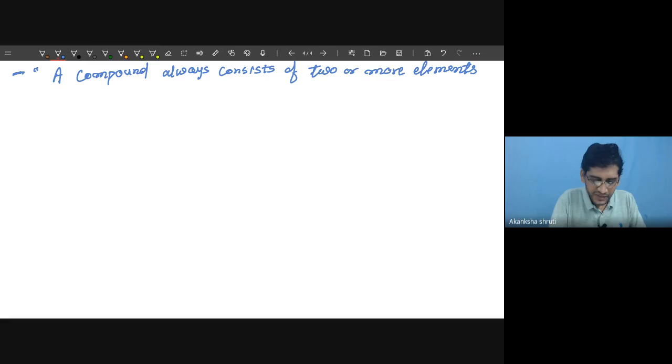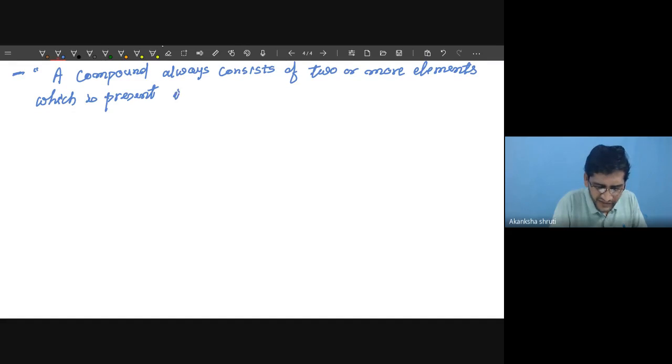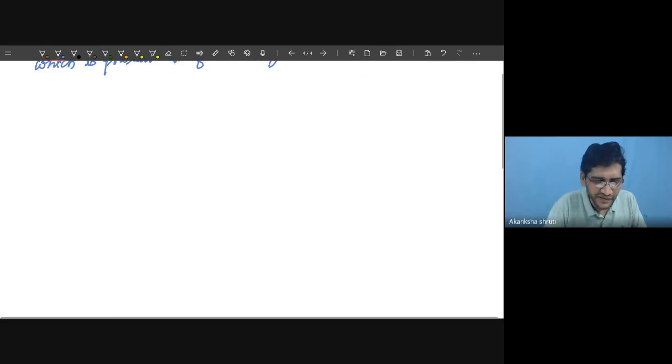So this means any compound you are taking will always contain two or more elements, and these elements are present in a fixed or definite ratio.